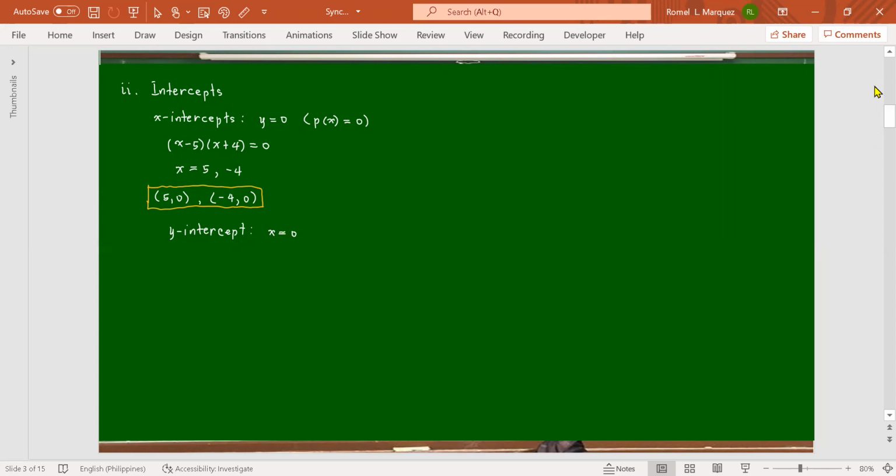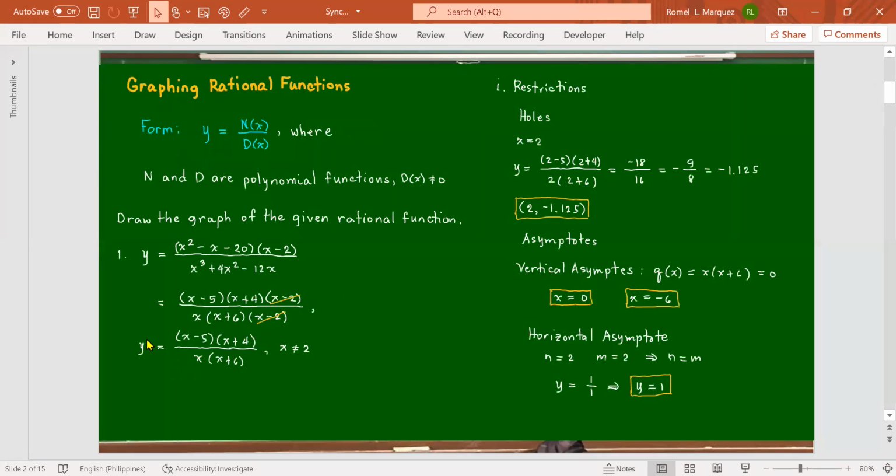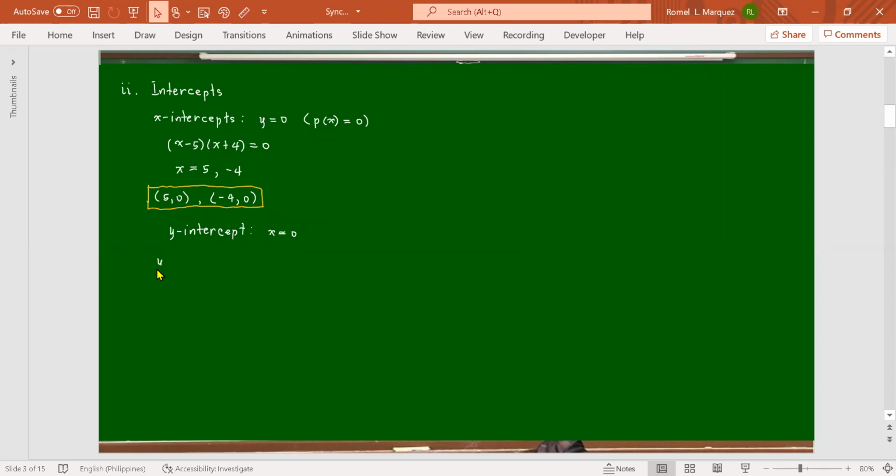If x is 0, we now have y equal to (0 minus 5)(0 plus 4) all over 0 times (0 plus 6). So that is equal to negative 20 over 0, meaning undefined. Am I correct, guys?